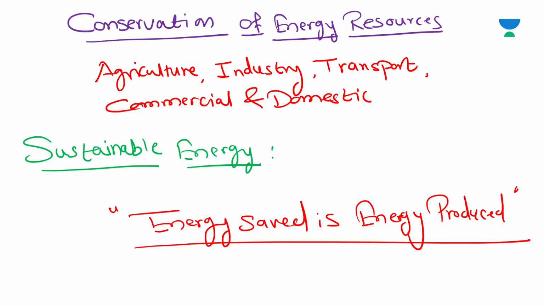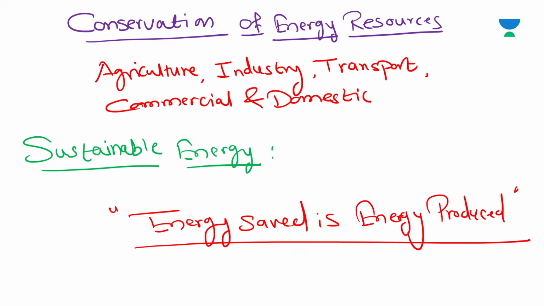Then we have also covered classification of minerals: metallic, non-metallic, energy minerals. In metallic, we again discuss about ferrous, non-ferrous, and precious. Ferrous minerals like iron ore, manganese, nickel, cobalt.